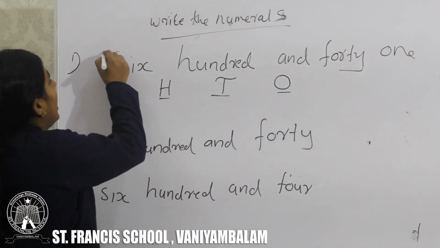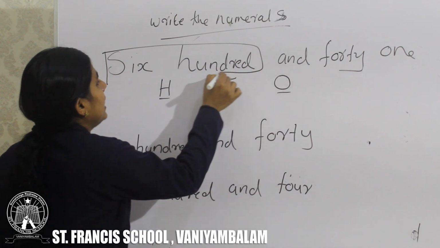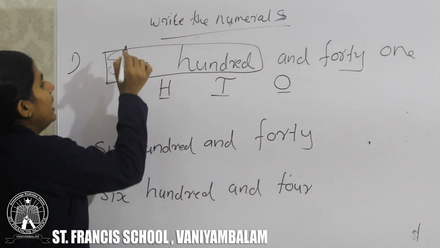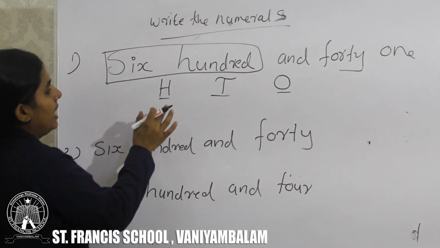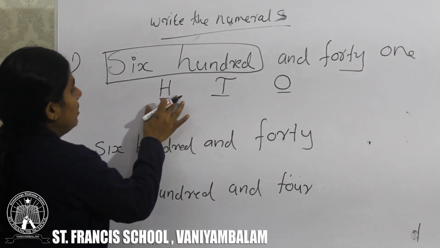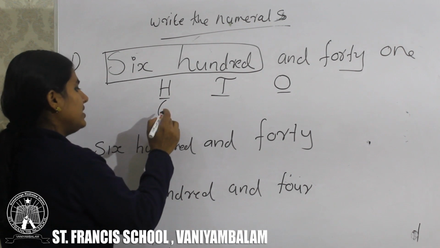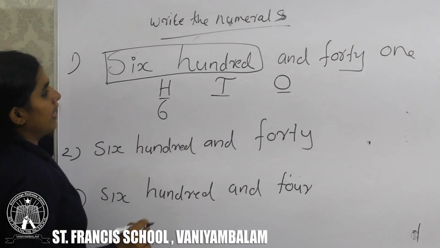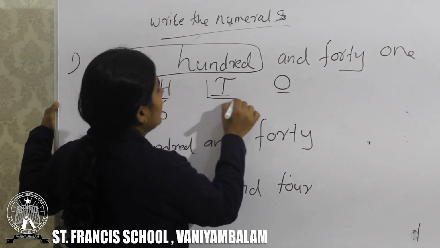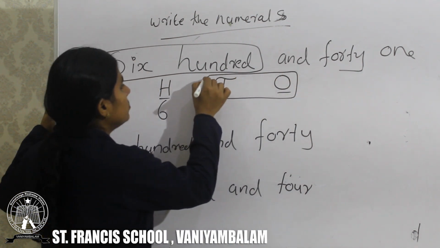Here how many hundreds? We have 6. Then below this hundreds, which number we want to write? 6. That is 600.